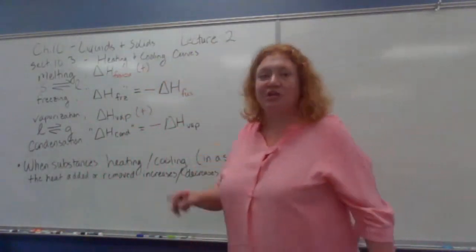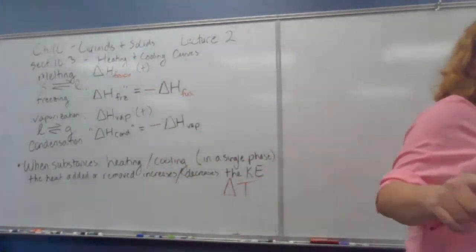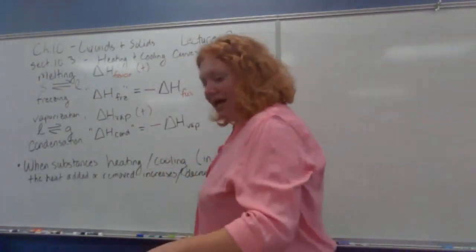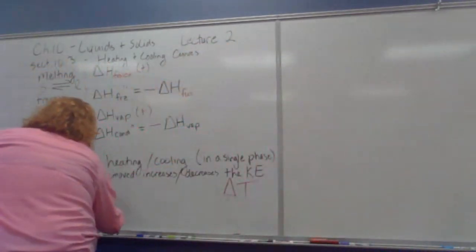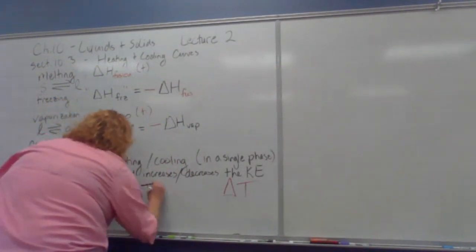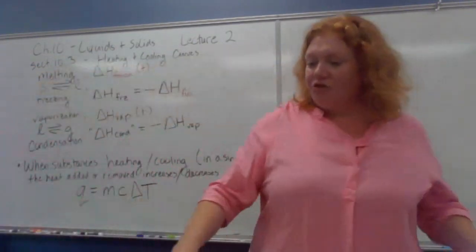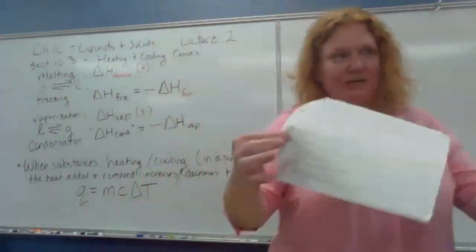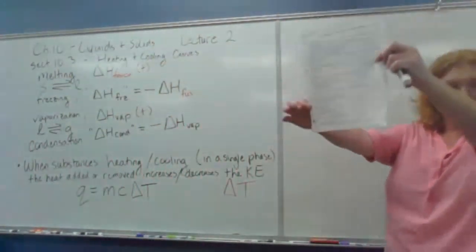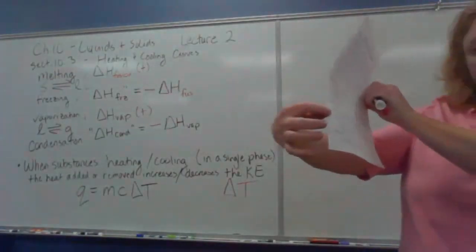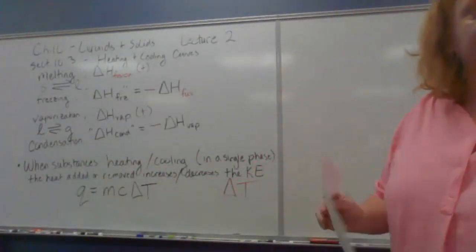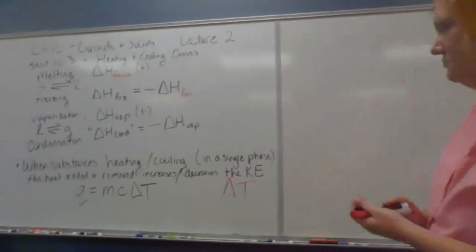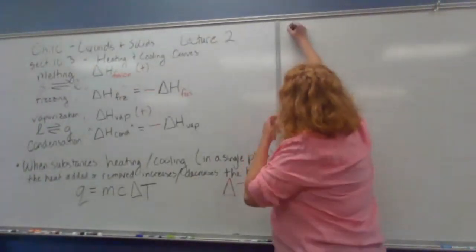When you are heating or cooling something, you are changing the temperature. So what equation would you use to calculate heat when you have a temperature change? Q equals MCAT. If you don't remember what all of those variables stand for, it's on your sheet. Heat equation to use when the substance is heated or cooled: Q equals MCAT, and it tells you right there what all of those variables mean. Here's what's new to you guys.